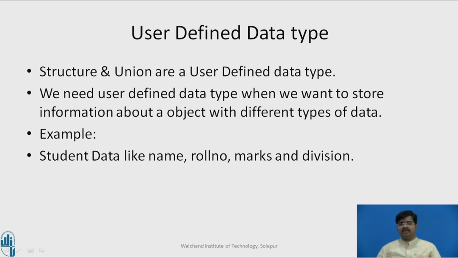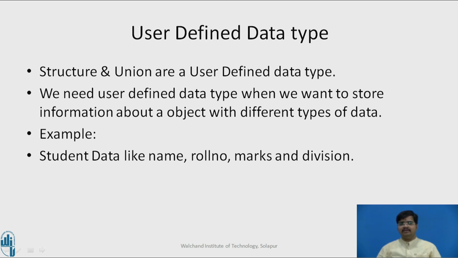The second solution would be to create an array of students where I store all this information. But the limitation of the array is that it stores data in a contiguous form, but only data of a similar type.